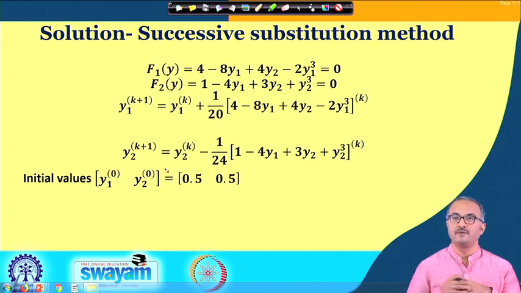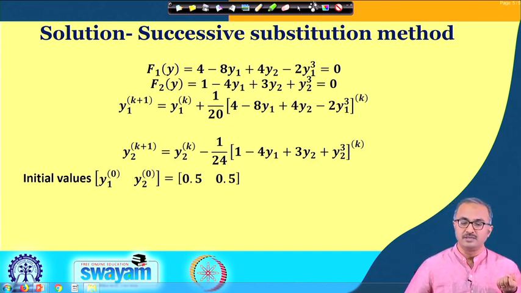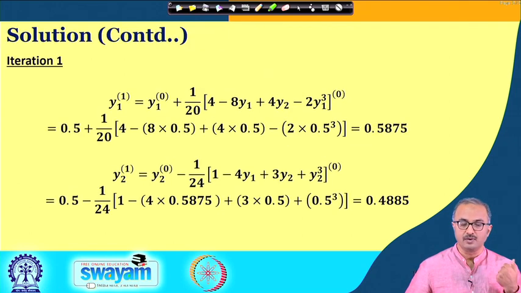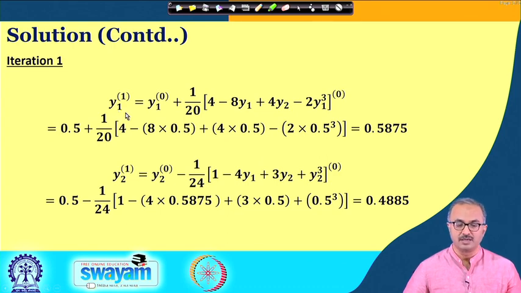So, as we have understood that for this particular method, we need some initial choices of y1, y2. So, here we are choosing these two values like 0.5, 0.5 for both the unknown variables. Now what we do, we take the first equation, the expression to update the value of y1, and we just plug in the value of y0.